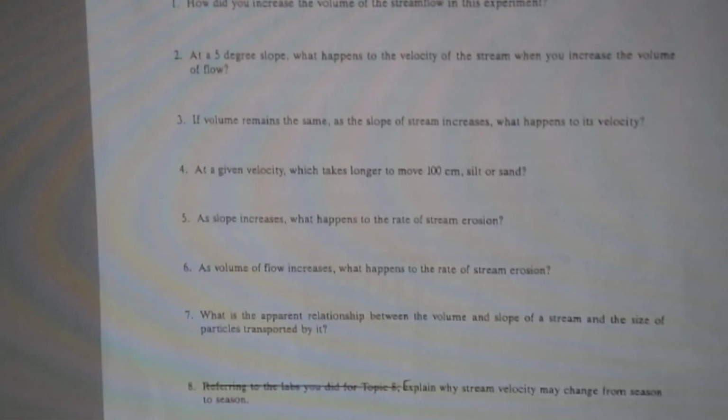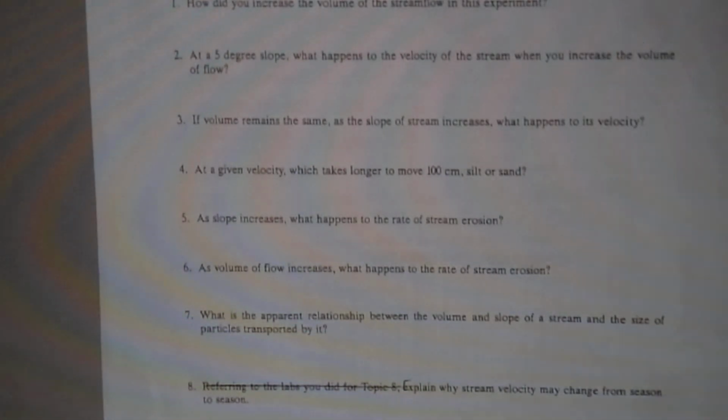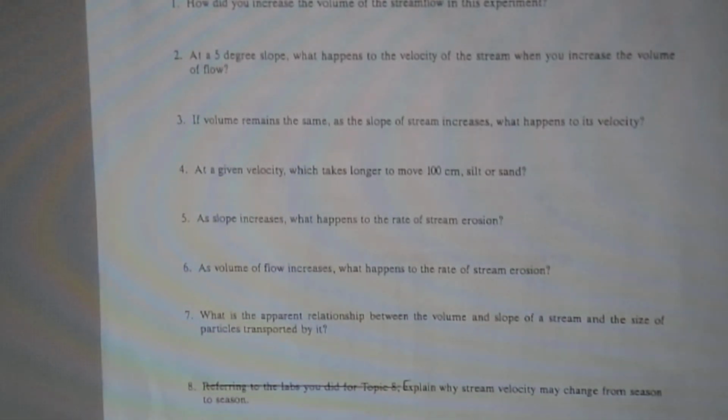Number 5, as the slope increases, what happens to the rate of stream erosion? Now this one I need you thinking back to the notes. If my velocity is greater, so is my rate of erosion. We already looked at, as I increase the slope, even with the same volume, my velocity increased. So if my velocity increased with an increase of slope, my erosion would increase.